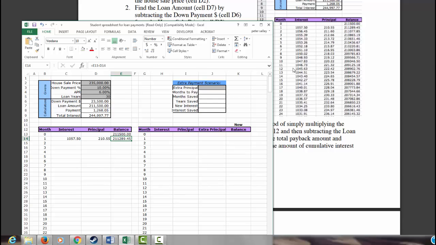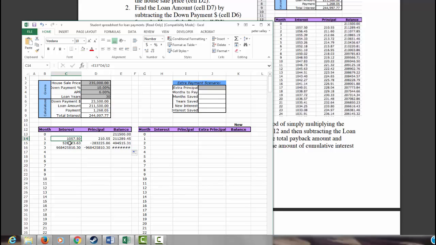My numbers match the example, so it seems like I know what I'm doing. So I'm going to scroll down a couple, and I hit a problem. Oh no! That means there are some absolute references that I did not connect. So let's go back and see what happened here.